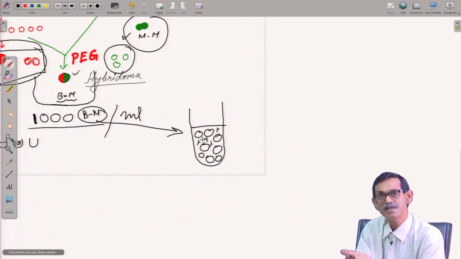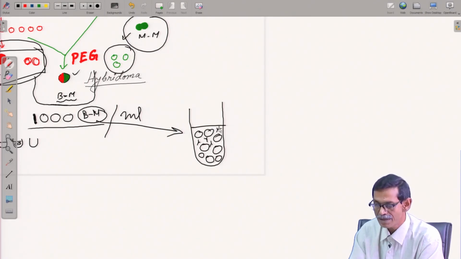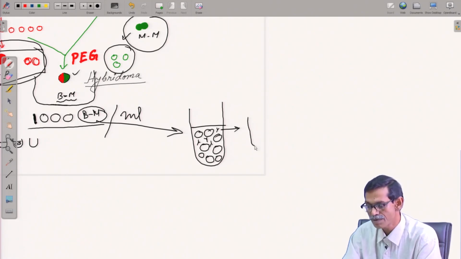So, if we take some sample and take the medium out, what will happen in that medium, I will have only antibody. So, if I centrifuge the cells and collect the supernatant, in the supernatant I will have only antibody.